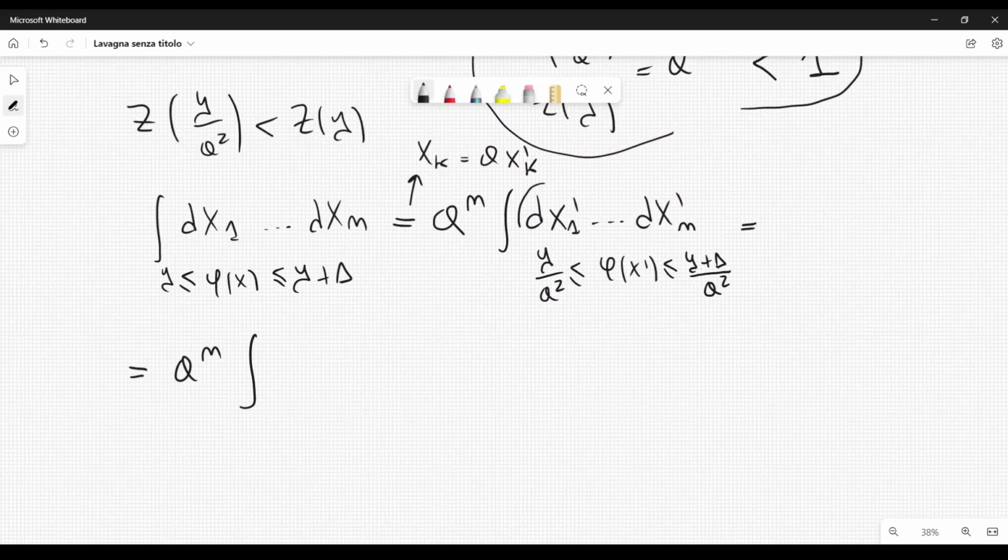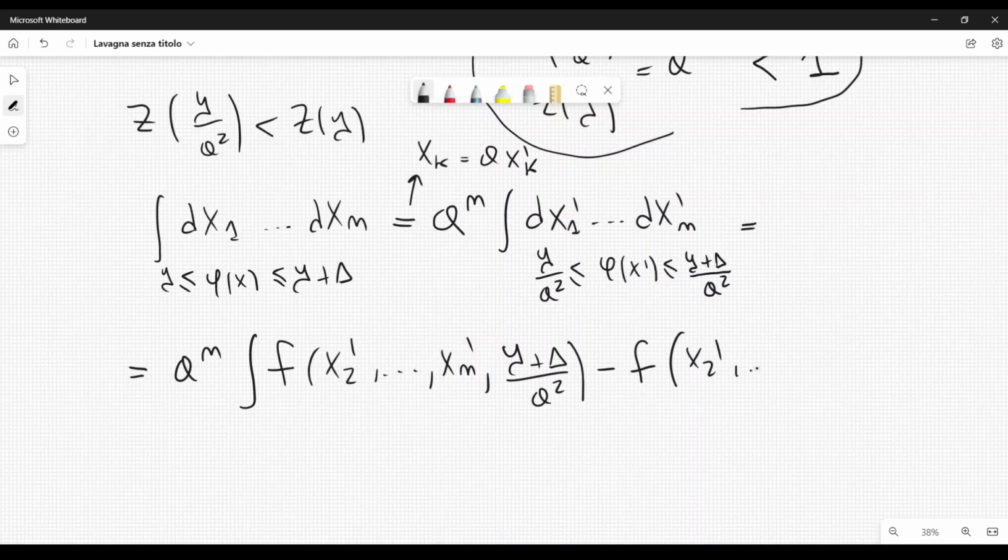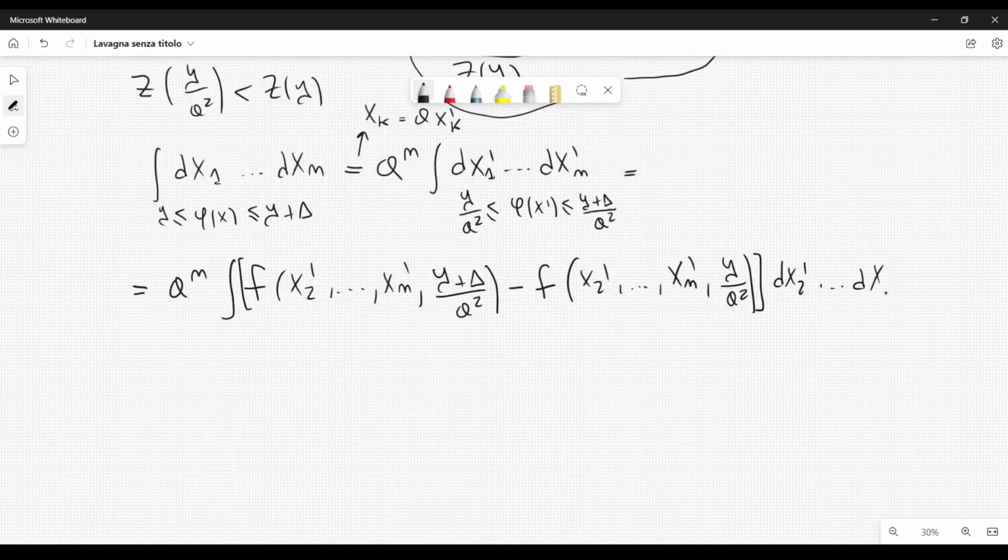When we integrate over the first variable x1 prime, we will have some function that I will call f, and f will depend on x2 prime, it will not depend on x1 prime anymore, dot dot dot xn prime, but it will also depend on y plus delta over a squared minus f of x2 prime dot dot dot xn prime, and then here we will have that this function depends on y over a squared because this is the first bound, and then we have to integrate over dx2 prime dot dot dot dxn prime.